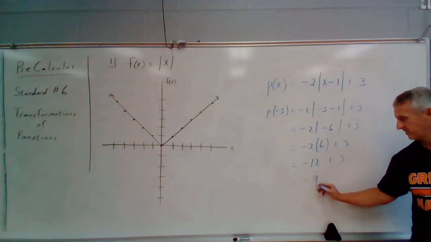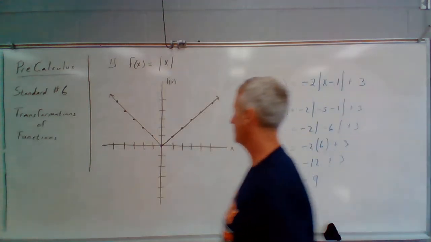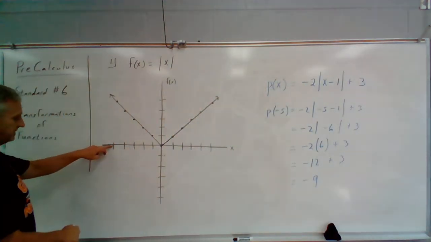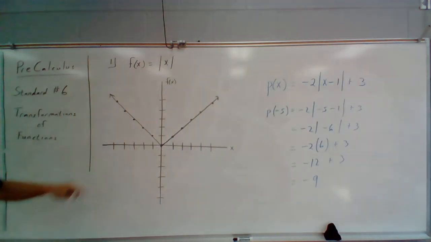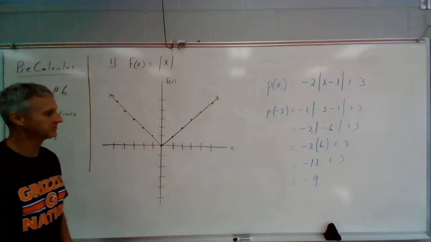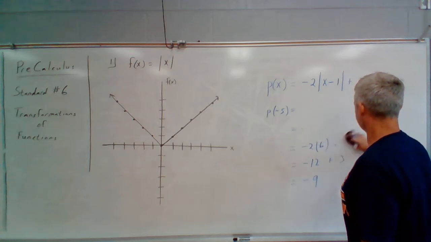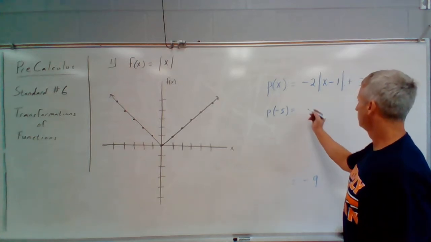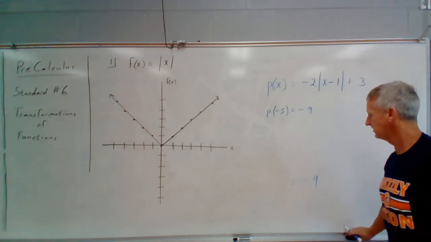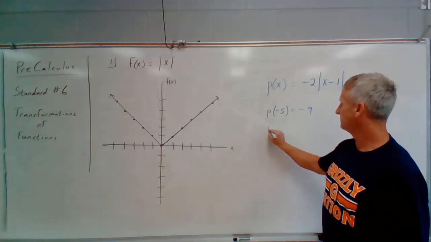And I get -9. So if I plug in -5, I should get a -9. I'm not going to plot that one, it's way down there somewhere. So let's do another one.